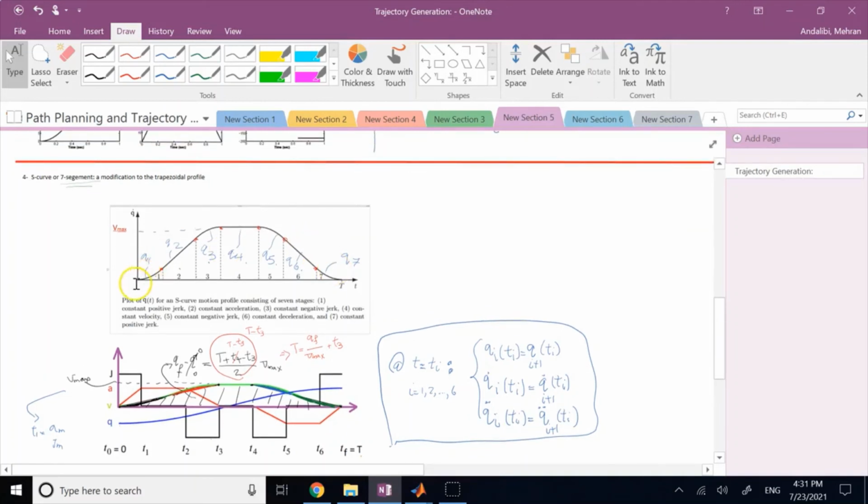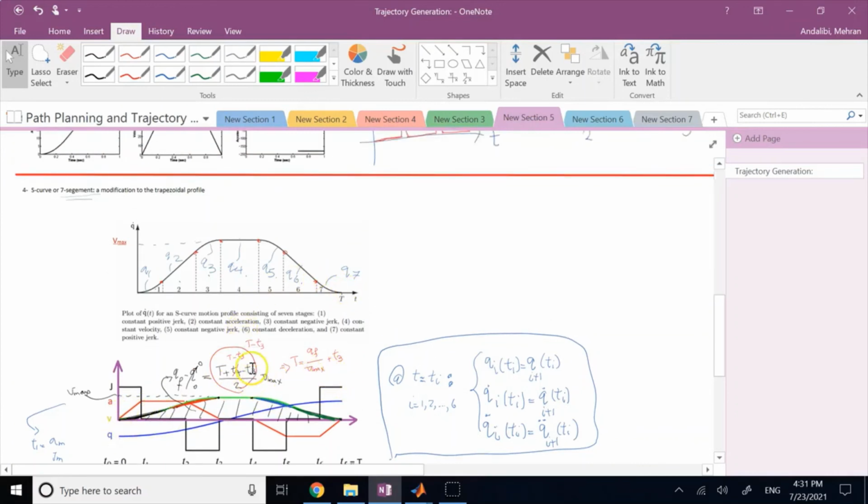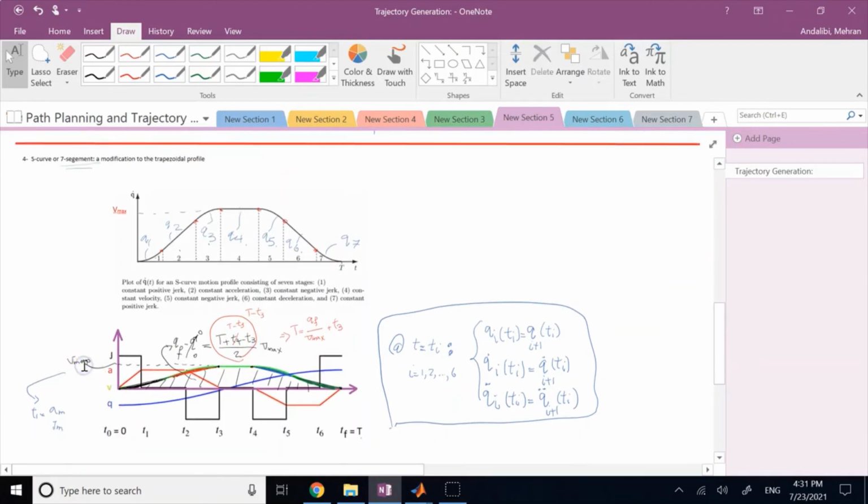Where you can start from 0, go to some constant velocity, stay there, and then smoothly go back to 0 and travel from initial angle to final angle without you exceeding the maximum RPM that your joint can rotate, without you exceeding the maximum acceleration or the maximum torque that it can generate, and without you exceeding the maximum jerk that the mechanical system can withstand.